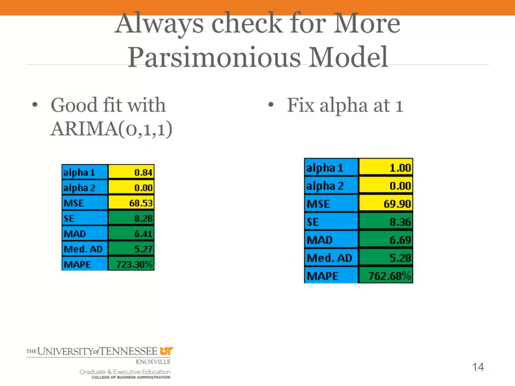Then I look at the standard error of 8.28, and then I can say, what if I were to make that 0.84 into a 1, just fix it at 1 so that I have a random walk model? That's more parsimonious. It has 0 parameters to estimate. And I look at the standard error, and it's almost the same as what I had before. There's less than 1% difference there. So in that case, I would go with the random walk model, the one on the right.